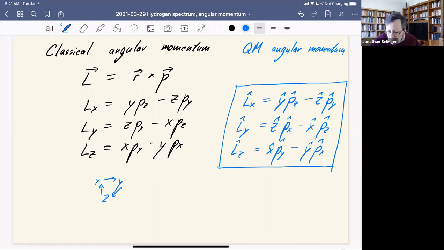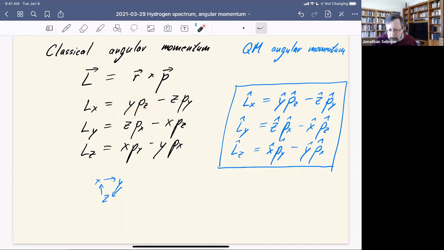Now, you might be wondering, how do we know which of these things should go first, y or the pz? Because after all, in classical mechanics, these things are just numbers, and so we could have written pz y instead of y pz.